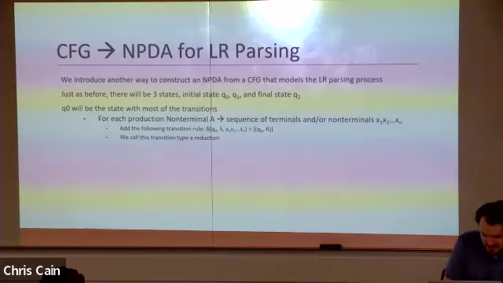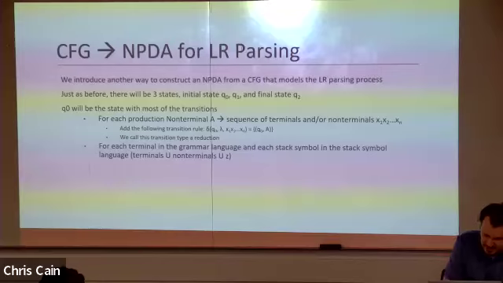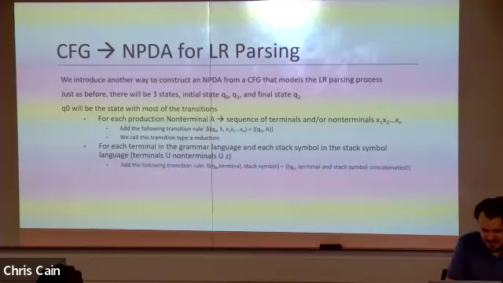So that's a reduction. We can also look over every possible terminal in the grammar and stack symbol. So terminals, union, non-terminals, union, that bottom of stack character that we have. We're going to add a transition rule that we're going to call a shift.